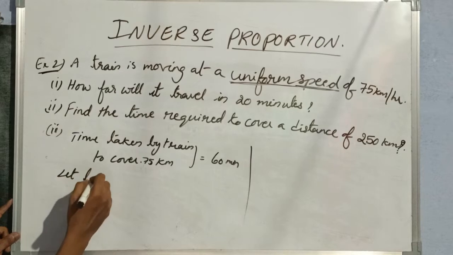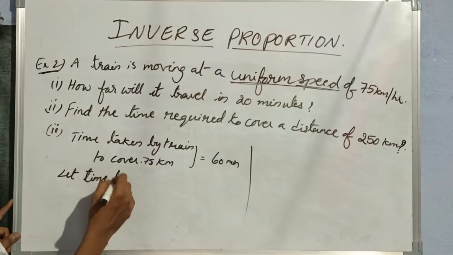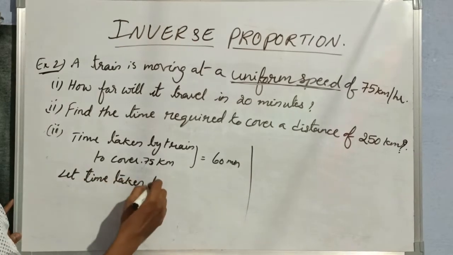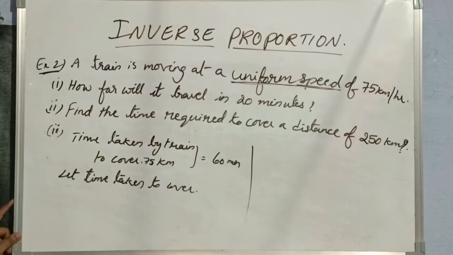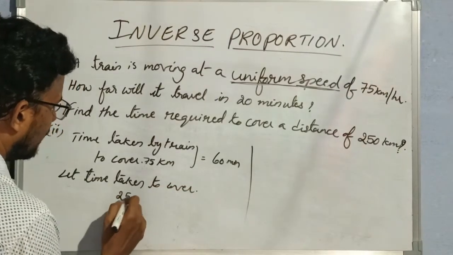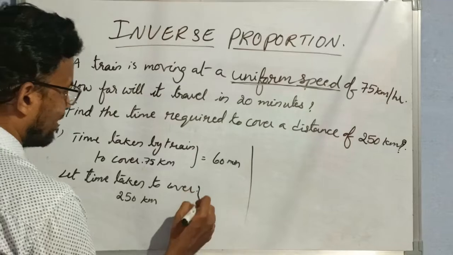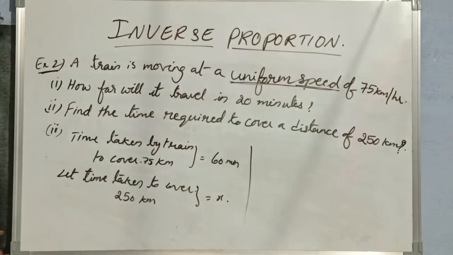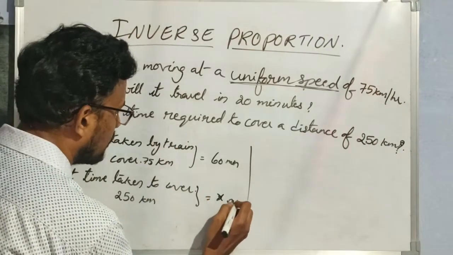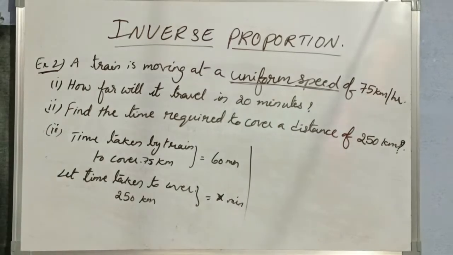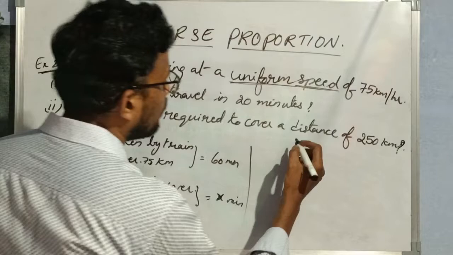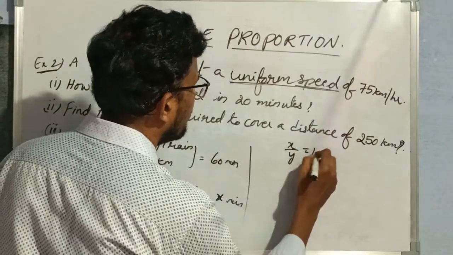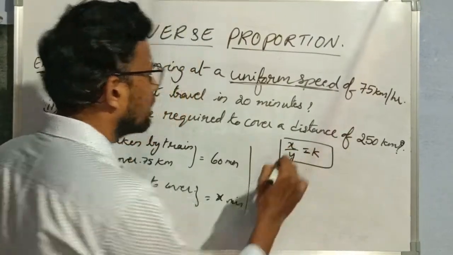Now let the time taken to cover 250 kilometers be x minutes. If you want, you can write minutes also. So here also it is time and distance. So time and distance are what type of proportion? Direct proportion. So write x by y is equal to k.